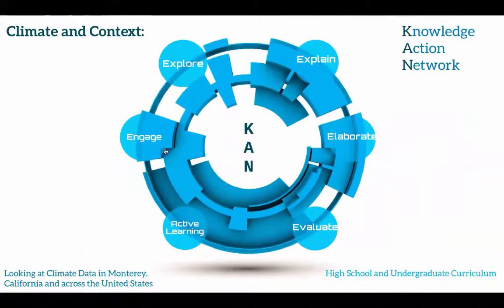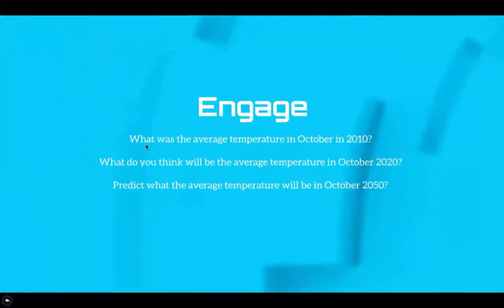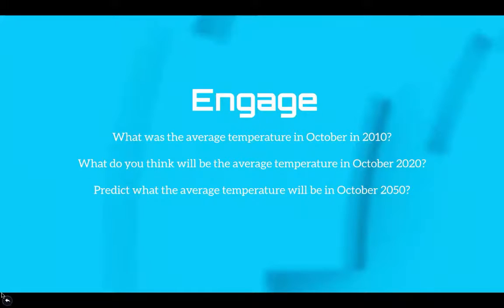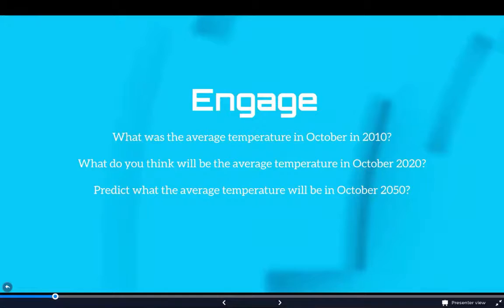How do we do that? Well, if we think about engaging our students, we could start with some very simple questions. What was the average temperature in October in 2010? I've had students say anything from 50 degrees to 85 degrees.